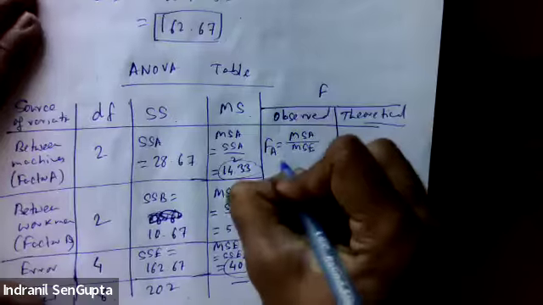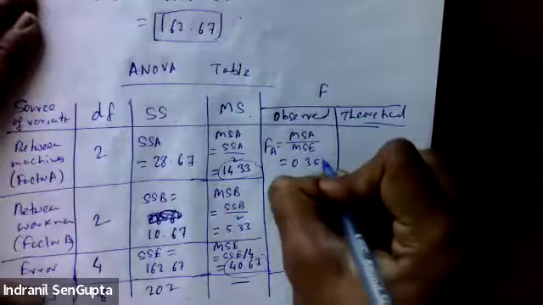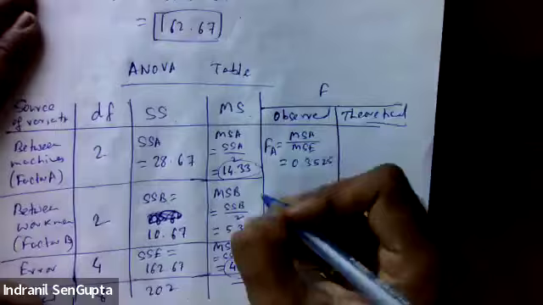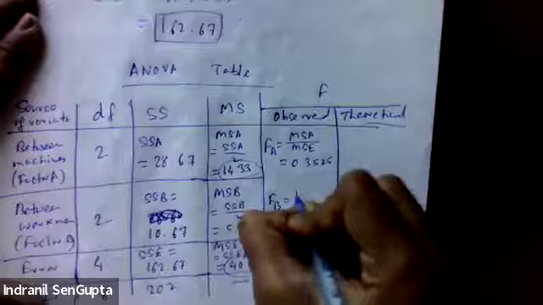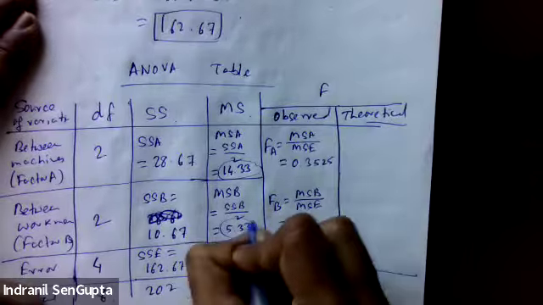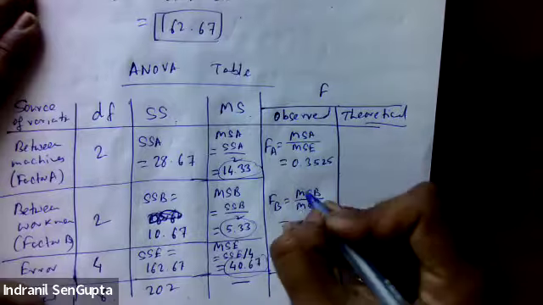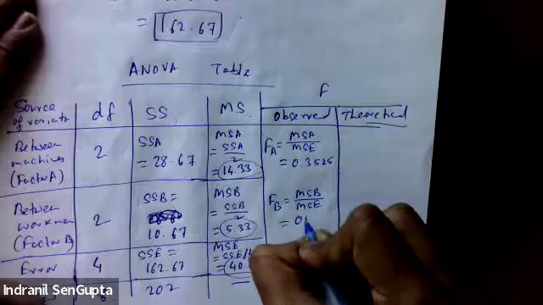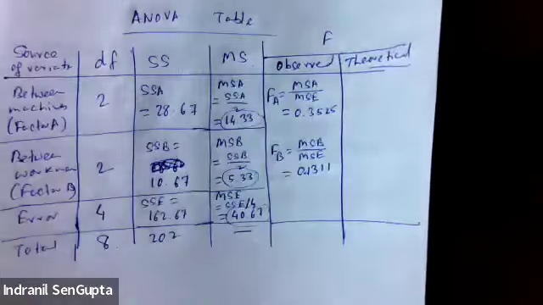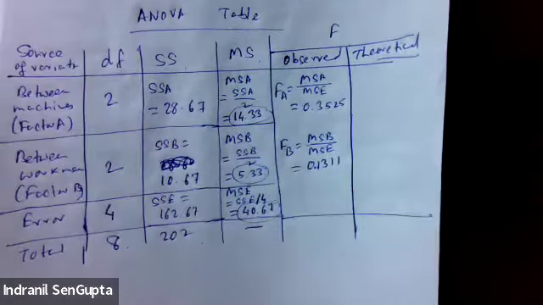If you compute it, it's about 0.3525. FB is MSB over MSE. So 5.33 over 40.67. So it's about 0.1311. So these are the values that you're getting.